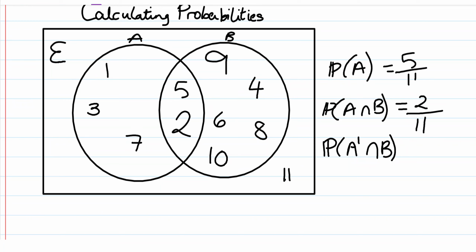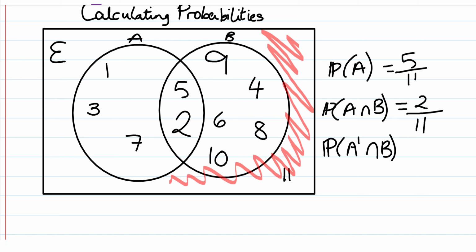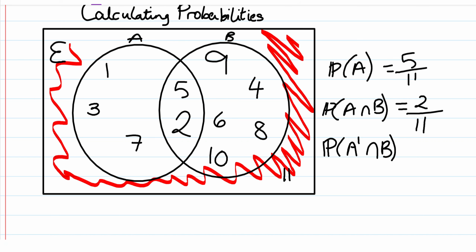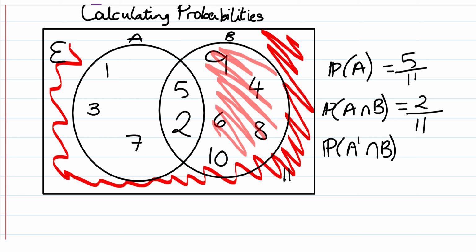So not in A would be all the stuff in red, the outside bits, I'm just doing a rough sketch, and all of the tiny bits inside B. And the elements in B would be all the stuff in yellow. The region we're interested in is the overlap of both colours, so the yellow and the red bit. This means that out of a possible 11, the probability of being not in A and B is 5, as there are 5 elements in the overlap.